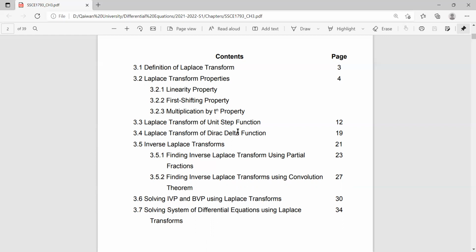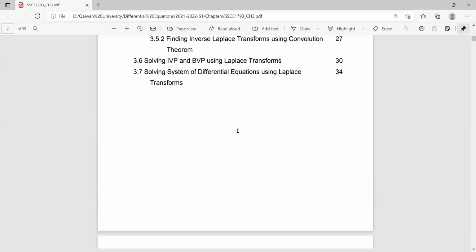In section 6, we talk about solving initial value problems and boundary value problems using Laplace transforms. And in the last section, we talk about solving system of differential equations by using Laplace transforms. We have these 7 sections in this chapter.